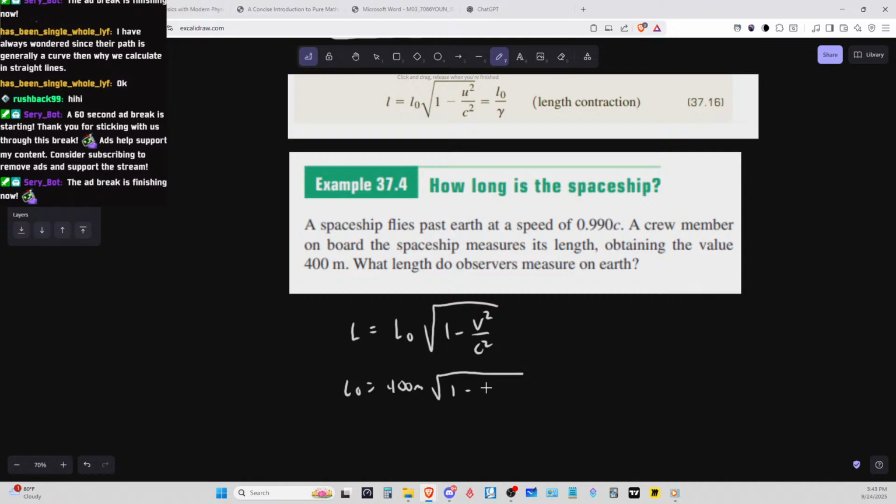The C's will cross out, so we're left with... I think this one shouldn't be too difficult. So 50.4 meters.